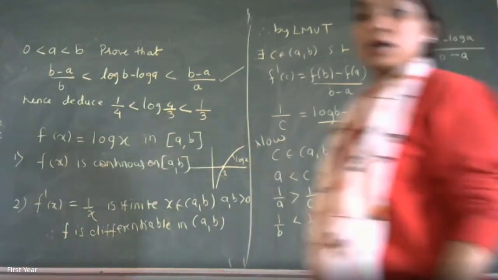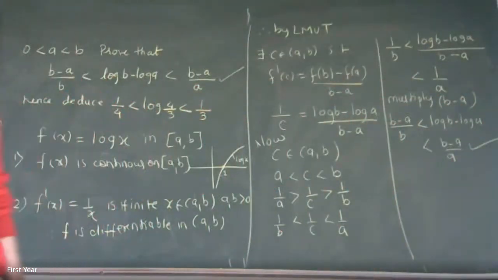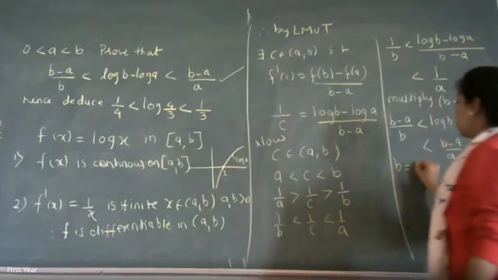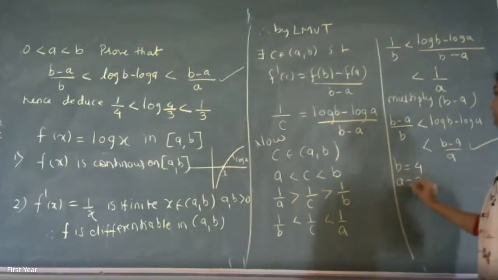Next, quickly, Gaurav, please tell me how you will get this deduction. Put B equal to 4 and A equal to 3 in the last equation. Very good. Put B is equal to 4 and A is equal to 3, you get the answer.